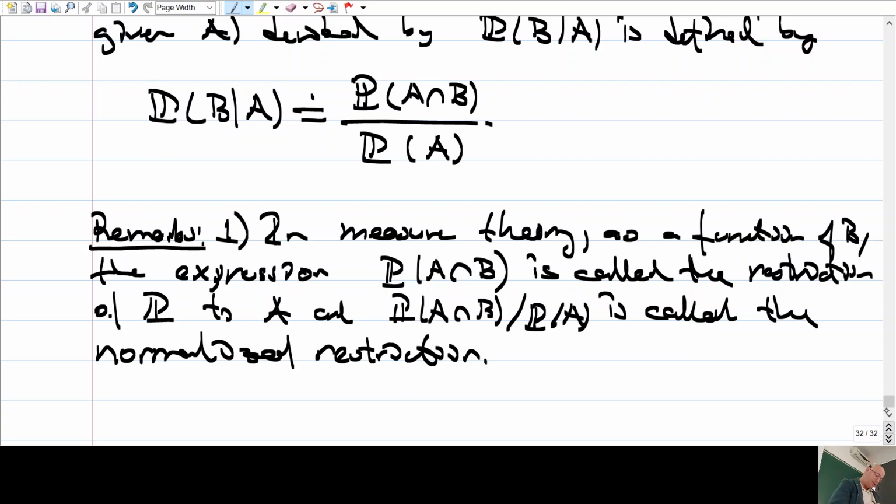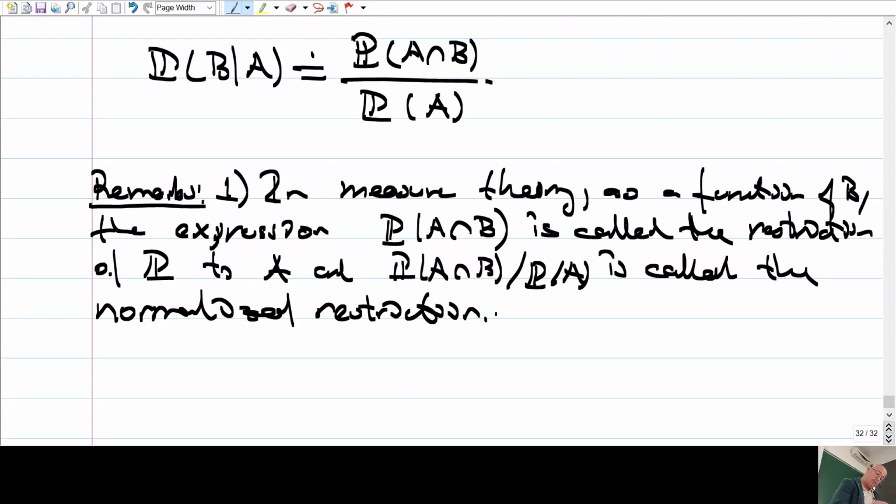Why normalized? Let me just say it this way: what is the measure of A?